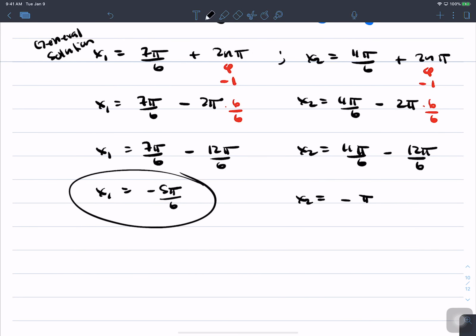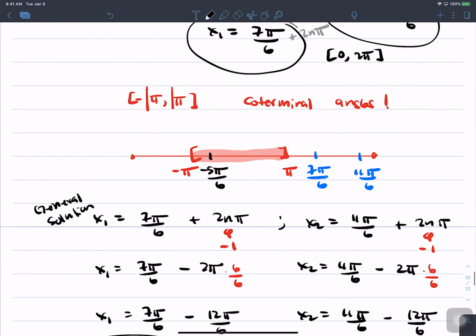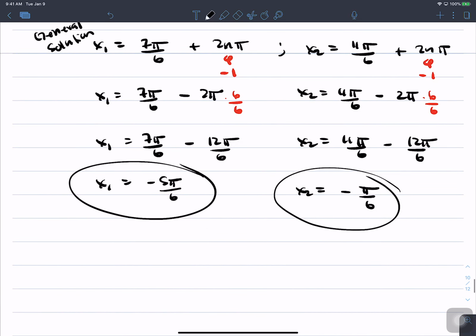So x2 is negative pi over 6, and that's also in here. 0 is in the middle, so -pi over 6 would be just to the left. So you found solutions, these critical values, in that particular interval.